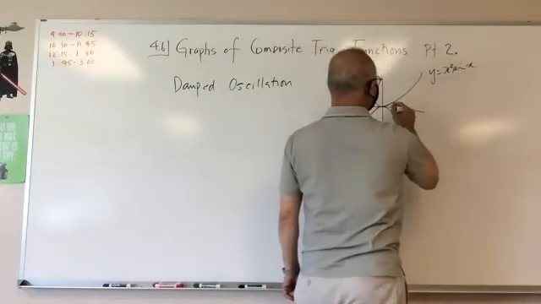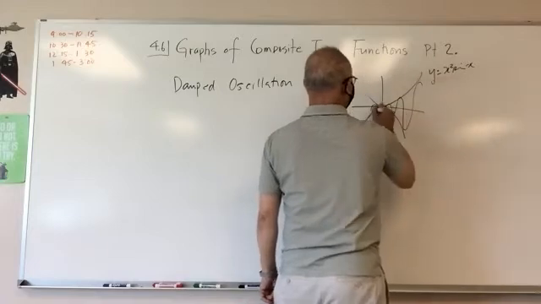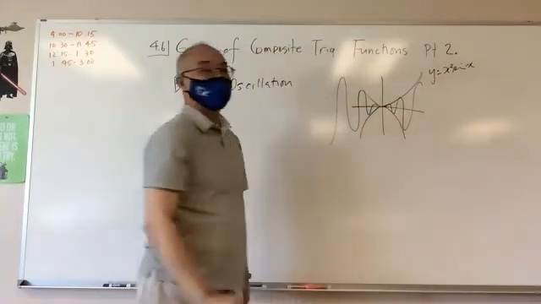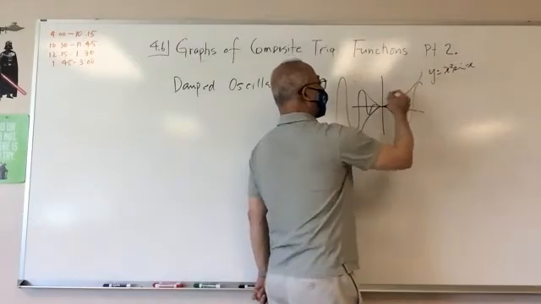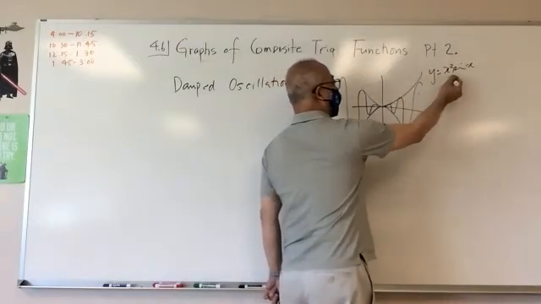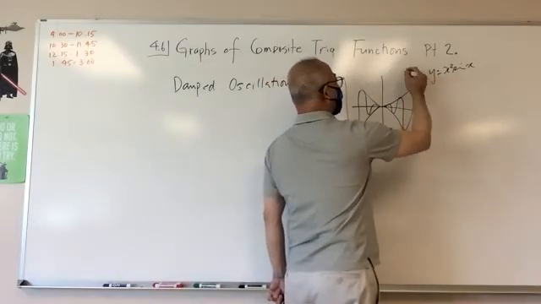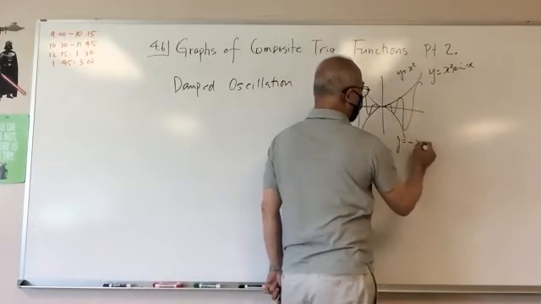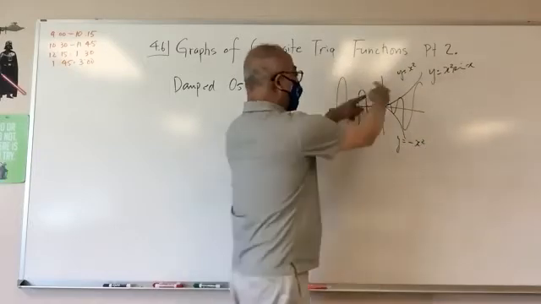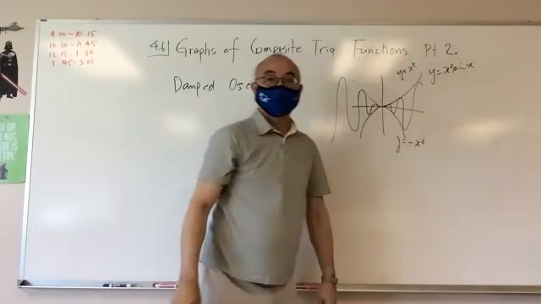We did this and it was between this. Anybody want to hazard a guess what this parabola is? It's probably x squared. This one's going to be y is equal to minus x squared. So it's oscillating between those two.